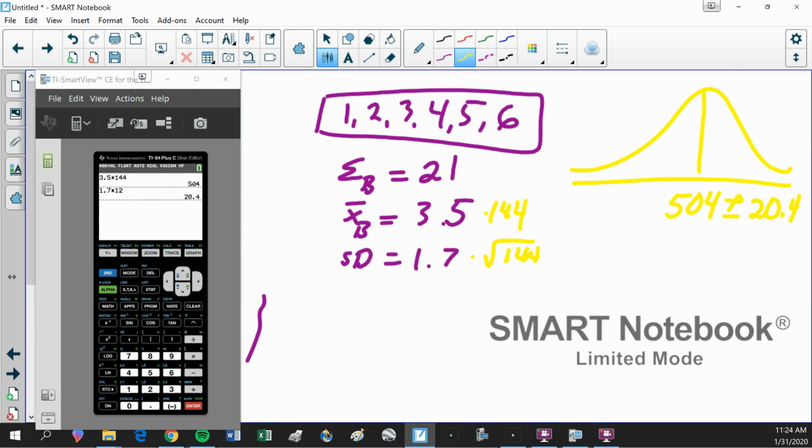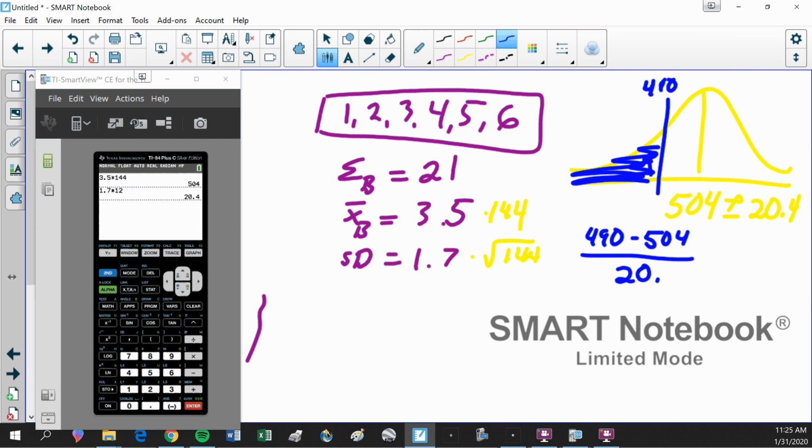All right. What percentage of those who roll 144 times will have a sum less than 490? This is just chapter 5. I draw a line at 490 and I shade to the left. So value, which is 490, minus average, divided by the standard error.